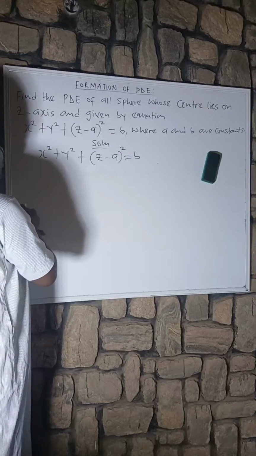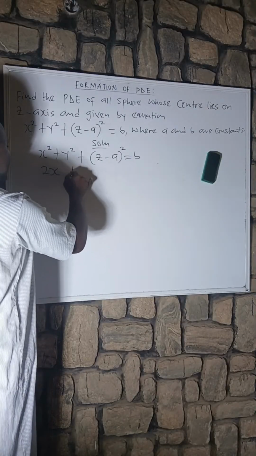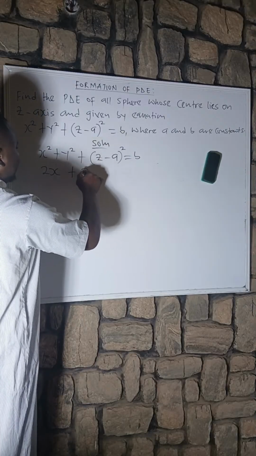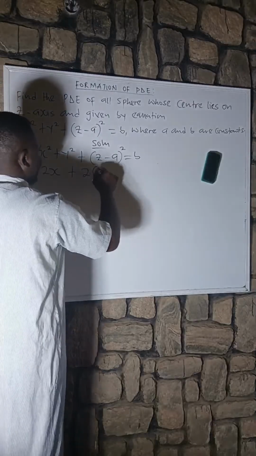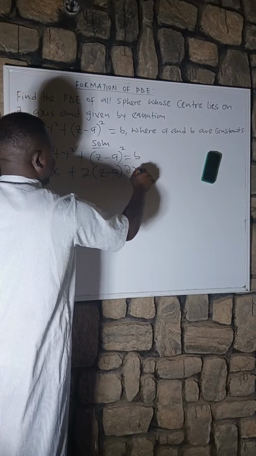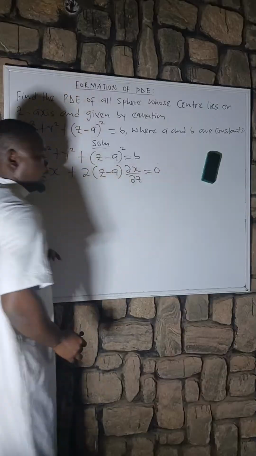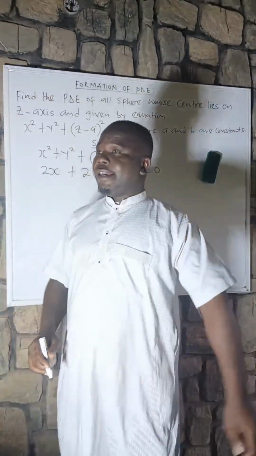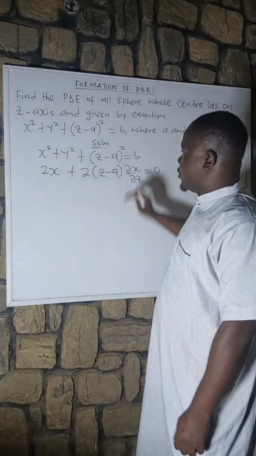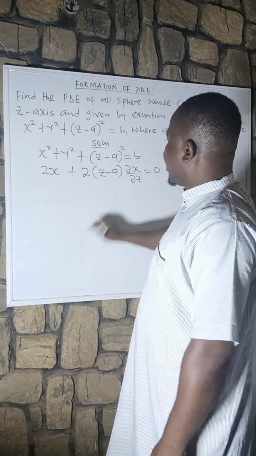If we differentiate this partially with respect to x, we are going to have 2x, then plus 2 open bracket (z minus a) partial x over partial z. Then this equals 0. I know you want to ask why this is 0: because b is a constant, so this must be 0. So now we are able to differentiate this function with respect to x.